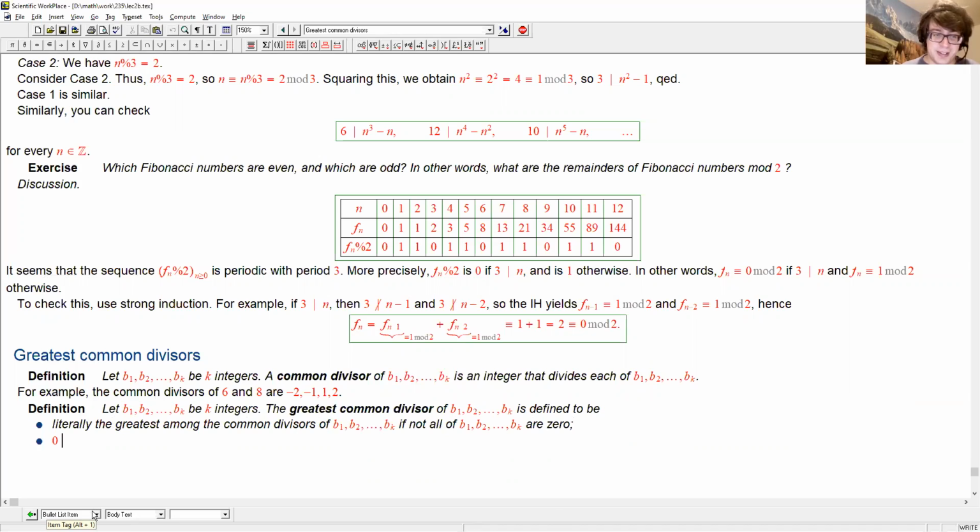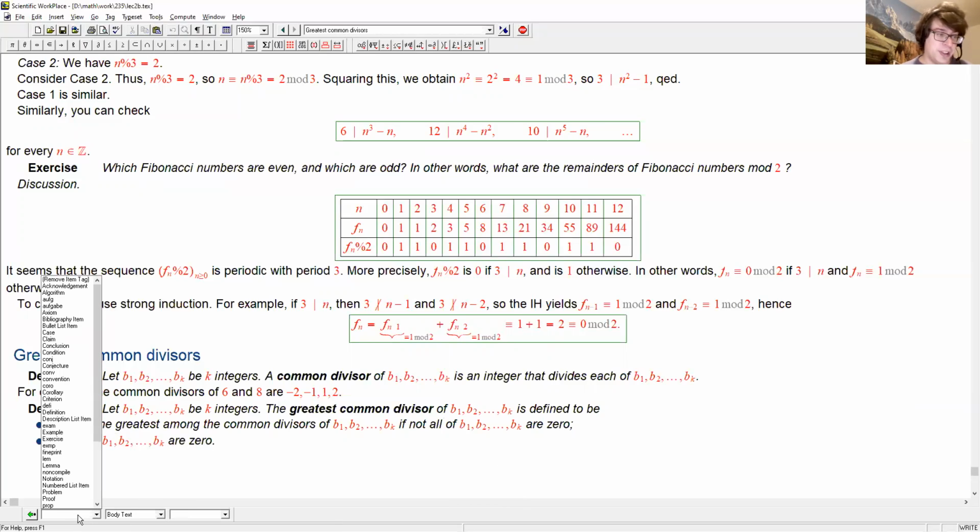And then the extra case, 0 if they're all 0. This is a bit confusing because if all of the b's are 0, then every integer is a common divisor. But 0 is certainly not the greatest integer. So in this case, it's not literally true that it's the greatest common divisor, yet it's called that way. And later it will become clearer why it's called that way.